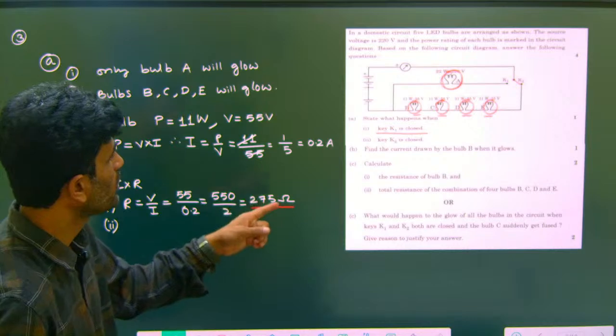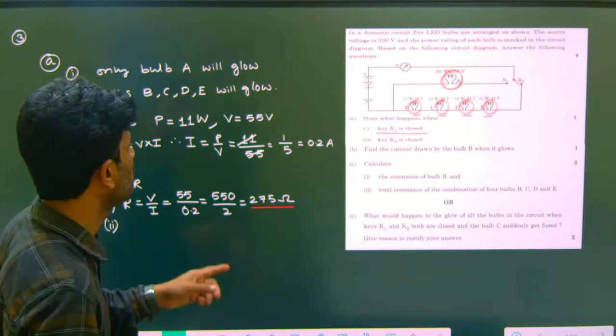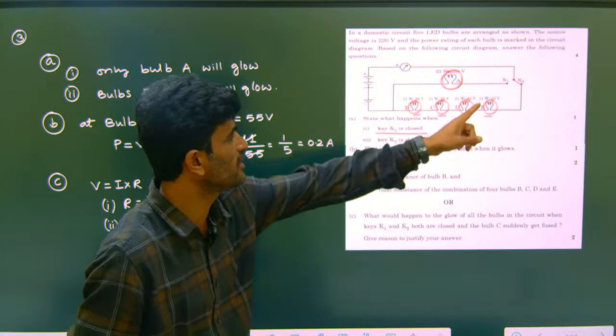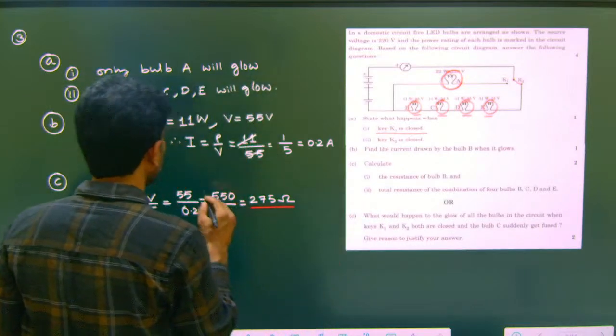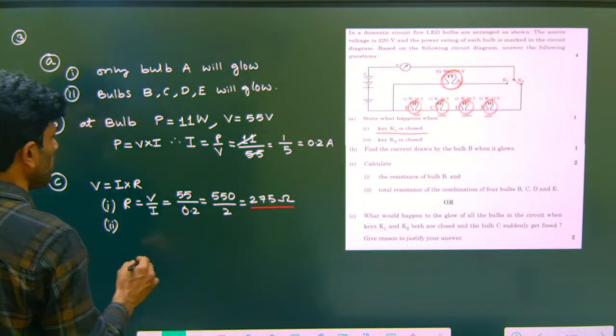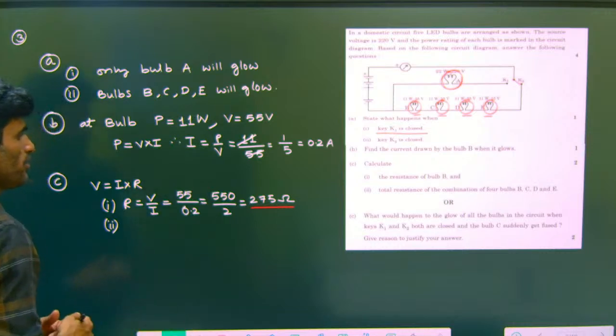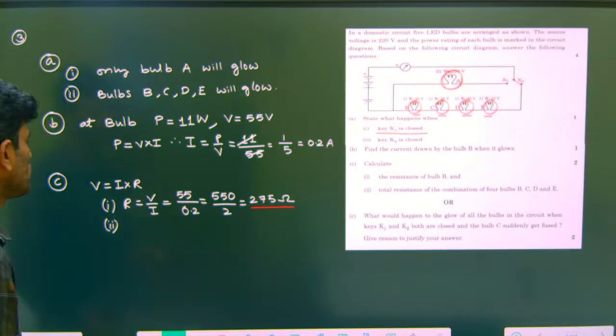Here the second one is what? We have to find out the total resistance of the combination of four bulbs. All these four bulbs are connected in series, and all of them have the same power and the same voltage. When power and voltage are the same, resistance is also the same.